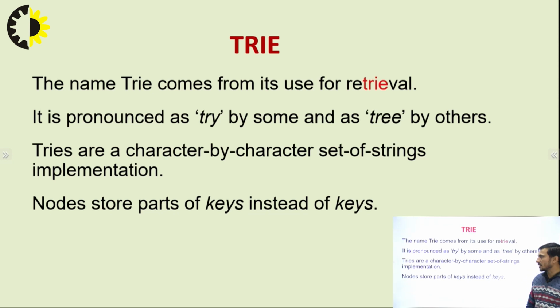But in tries, we create nodes and keep a single character in each node. So we implement this using a character by character sequence.